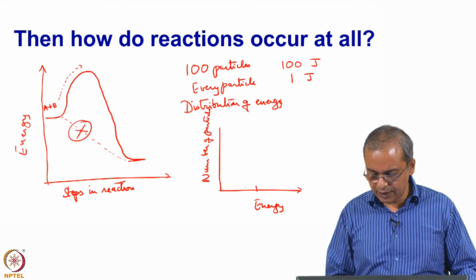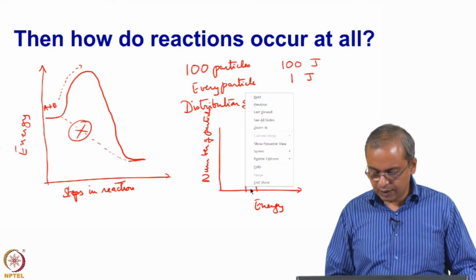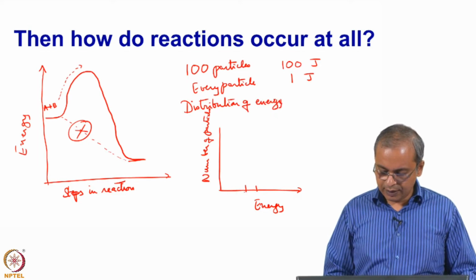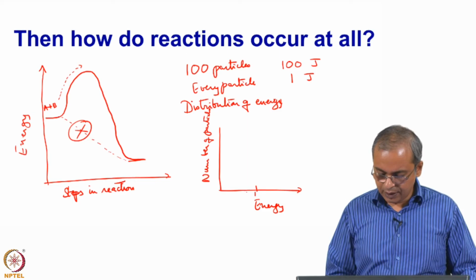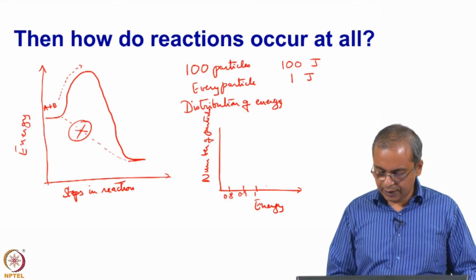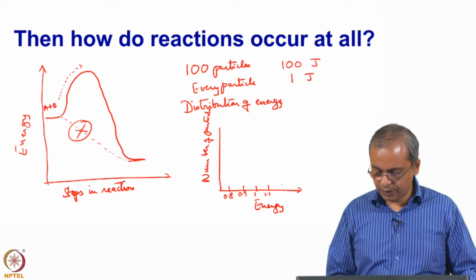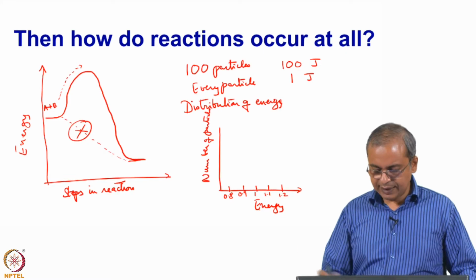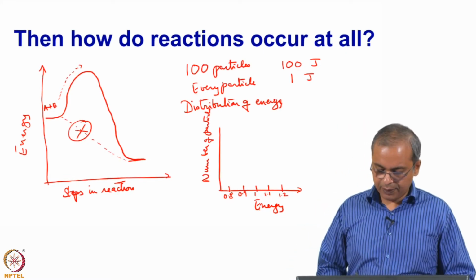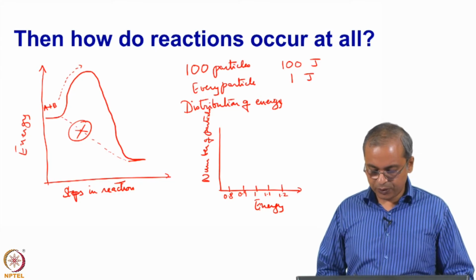Let us say this is 1, this is 0.9 and this is 0.8, and this is 1.1, 1.2. Let us say this is all that we have available to us as possible energy states.